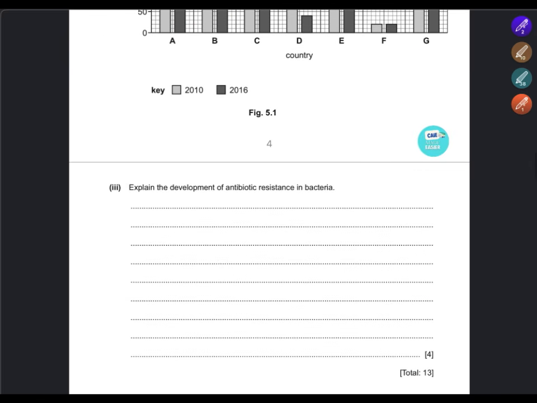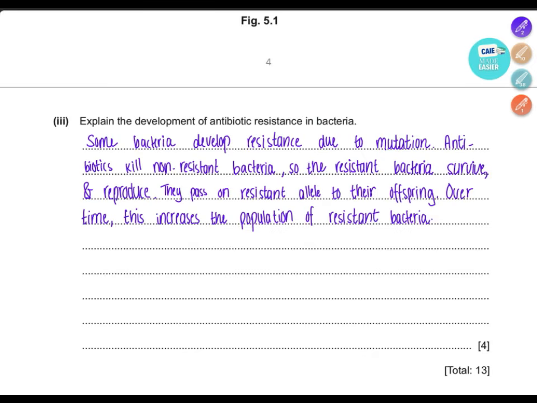But the next question is asking you to explain the development of antibiotic resistance in bacteria. So that's just a typical theory question. You have to say why livestock develop antibiotic resistance. Let's answer that. Basically, when the antibiotic was created in the lab, the bacteria were affected by it, but some bacteria develop some resistance through mutation, and they are present in the livestock as well.